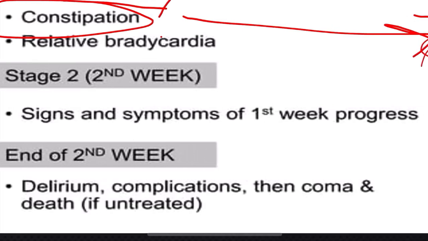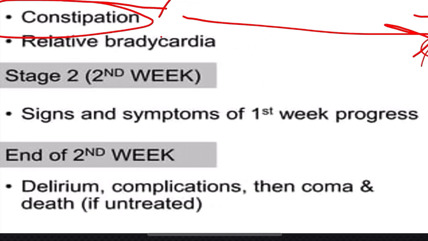In the second week, signs and symptoms of whatever the first week we went through will increase or progress. Lastly, in the end of stage 2, that is the end of the second week, what happens? The patient will start with symptoms like delirium, complications, coma, and death.